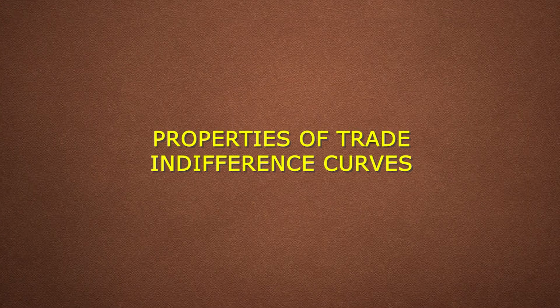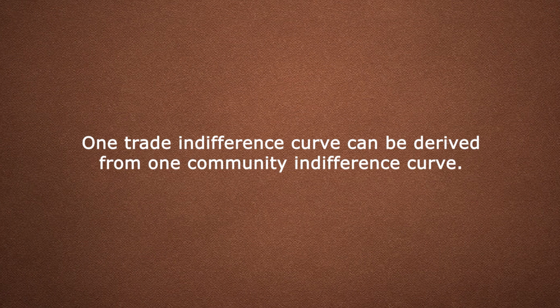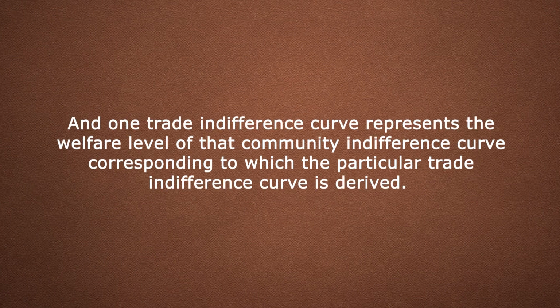After discussing the derivation of the trade indifference curve, we can now mention the properties of trade indifference curves. One trade indifference curve can be derived from one community indifference curve, and one trade indifference curve represents the welfare level of that community indifference curve corresponding to which the particular trade indifference curve is derived.